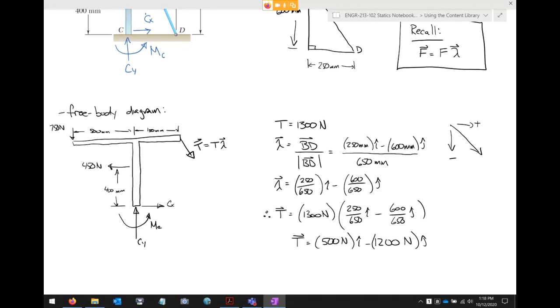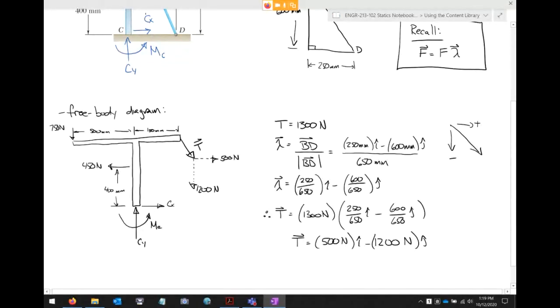Okay, this is how I'm going to do this. First off, I'm going to erase this, not because I'm trying to get rid of it, I just need a little bit of room here. Instead of expressing this tension vector as just an angular vector, because I like splitting things up into x and y components, I'm going to say that this component here is 500 newtons, and this component right here is 1200 newtons.